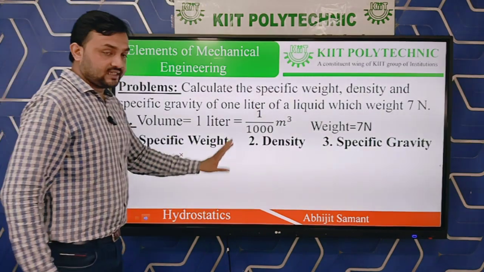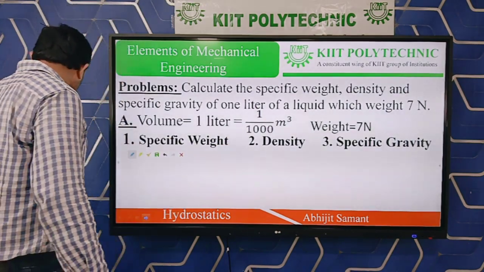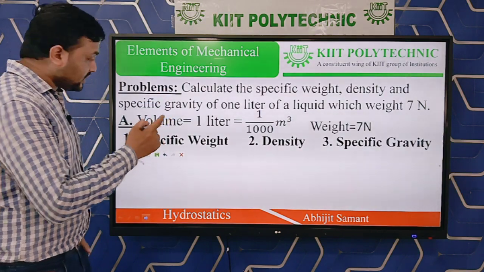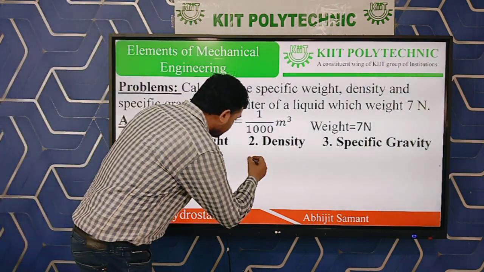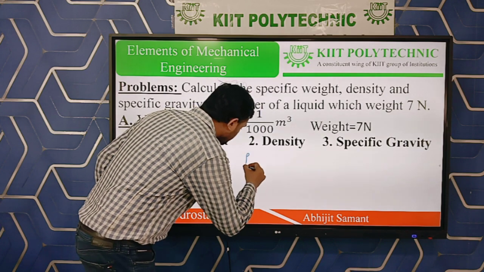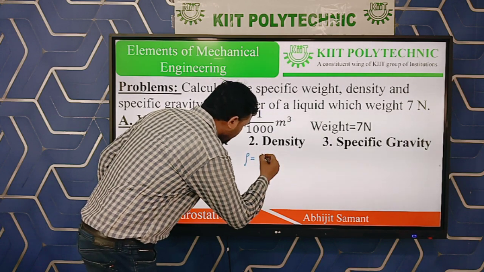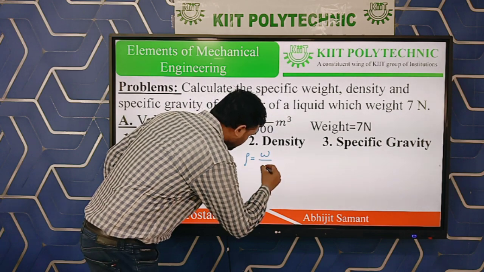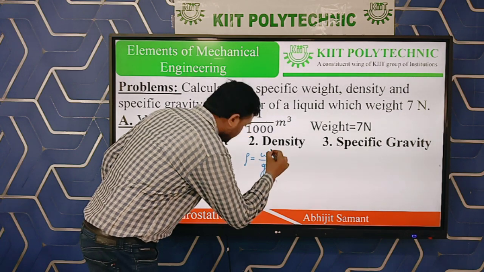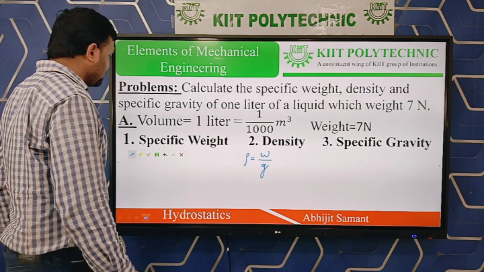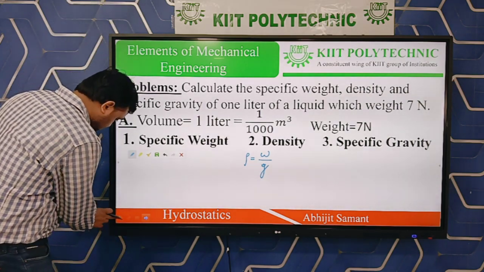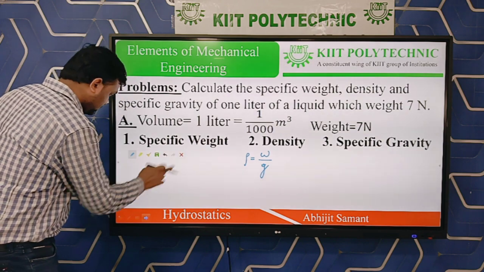Next one is density. Density is defined as mass upon volume. Here we write density rho equal to W divided by g.